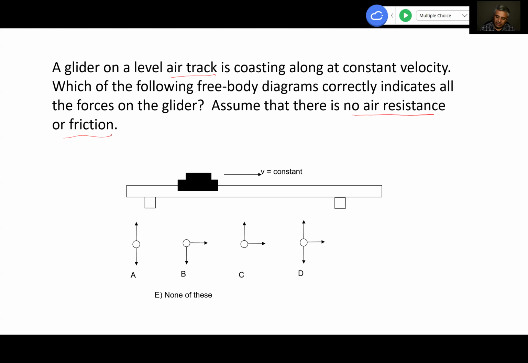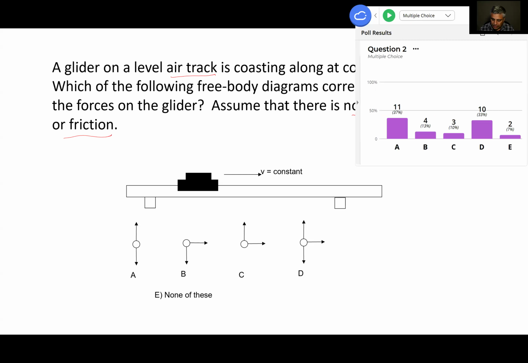Okay, let's see what we got here. So A and D are competing, and others are there too. Okay. So let's say, like most of you, I'm thinking A is the correct answer.